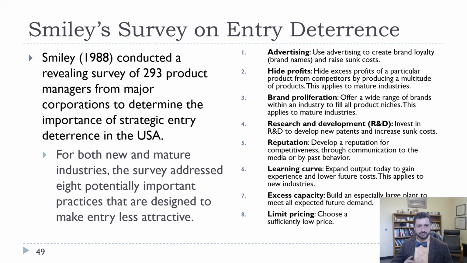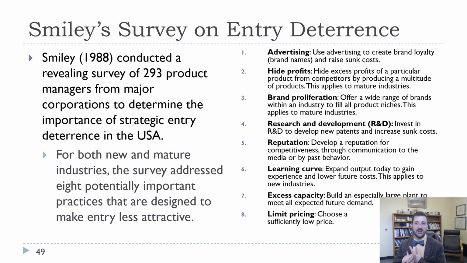And so he talked about 8 potentially important practices that are designed to make entry less attractive. So these are really the things in Sutton's model that could be those endogenous barriers to entry, right? So advertising, hiding profits.